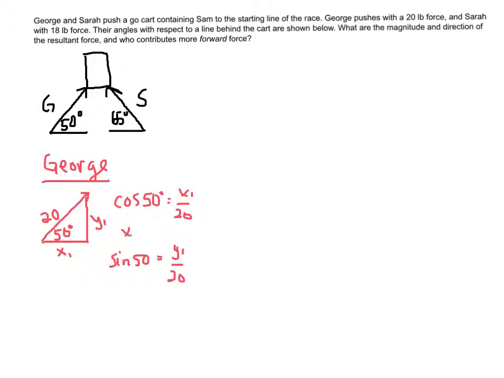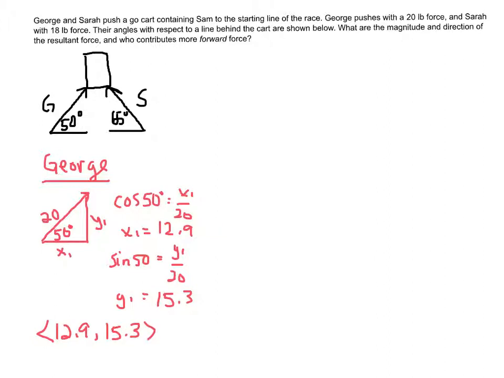So I'll type these into my calculator, and I get for x1 12.9, and I get 15.3 for y1. So my x and y components for George's vector are that he's pushing in the horizontal direction 12.9 pounds of force, and vertically 15.3 pounds of force.